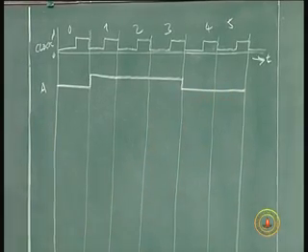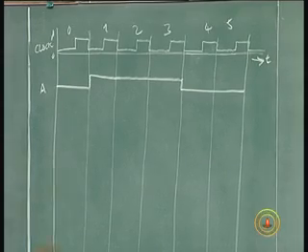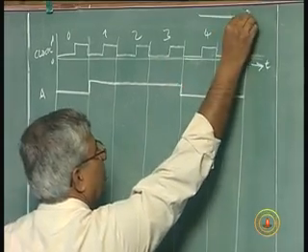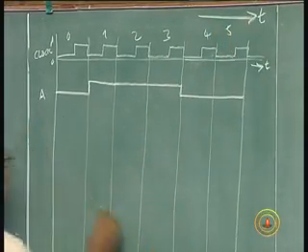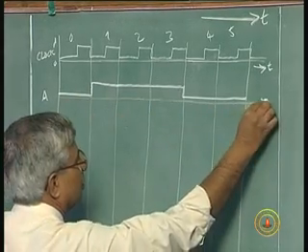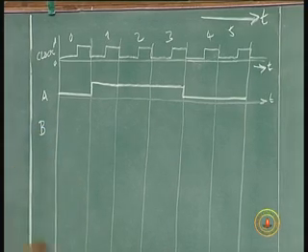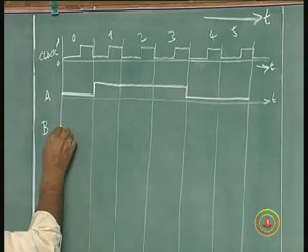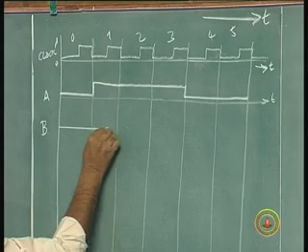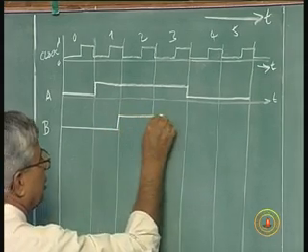This is the output A. All are on the same time axis. I will not show timing separately. This is the time axis. Okay. B would be 0 for the first 2 clock pulses, and the next 3 clock pulses it will be 1.